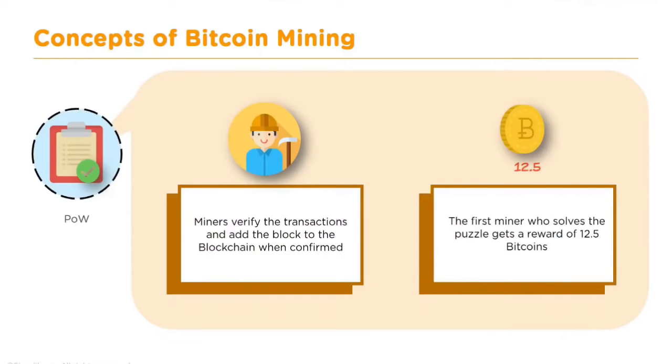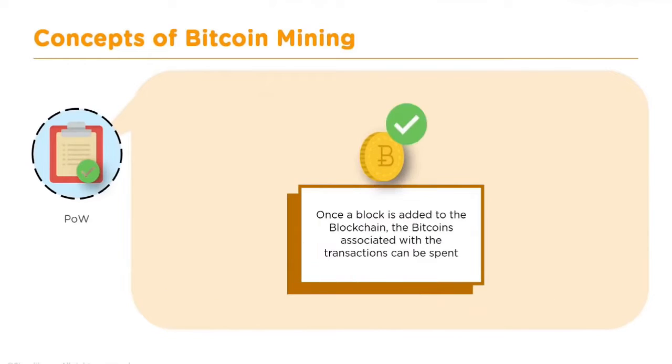As of today, the miners who solve the puzzle get a reward of 12.5 bitcoins. Once a block is added to the blockchain, the bitcoins associated with the transactions can be spent. So once the block is validated, the transfers of bitcoins associated with the transactions aggregated in the block are made from one account to another.